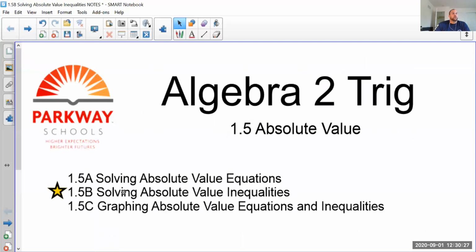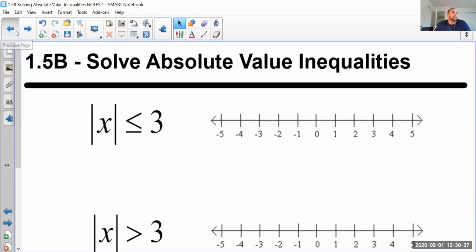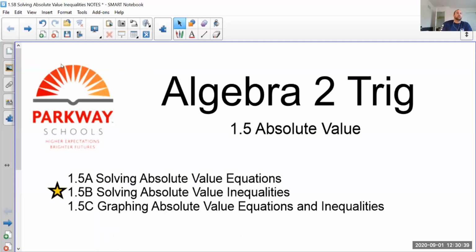As you can see here, and as we talked about yesterday, we talked about solving absolute value equations. Today we're moving forward to talk about solving absolute value inequalities. Remember that absolute value means distance from zero.